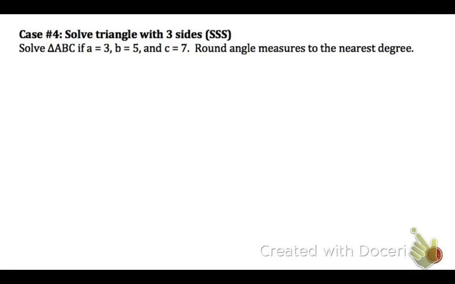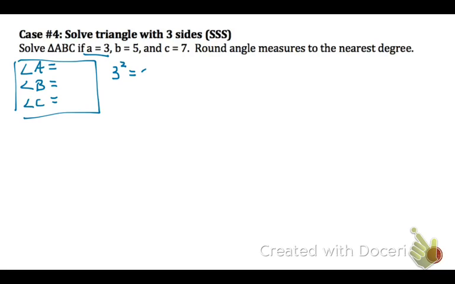All right, case number 4. Now we know three side lengths, and I'm not going to draw a picture because that's pretty easy, we've just got side, side, side. But I am going to make a list of what we need to find to solve the triangle, which are all three of the angles. Let's start with angle A. We're going to use the formula with A squared equaling B squared plus C squared minus 2 times 5 times 7 times the cosine of A. That's where our variable goes.